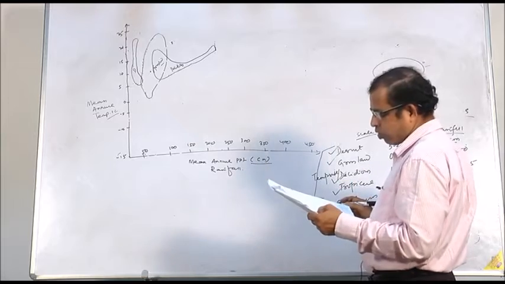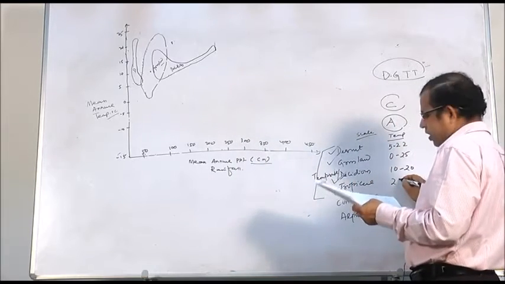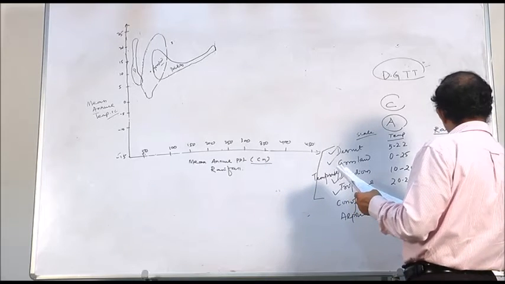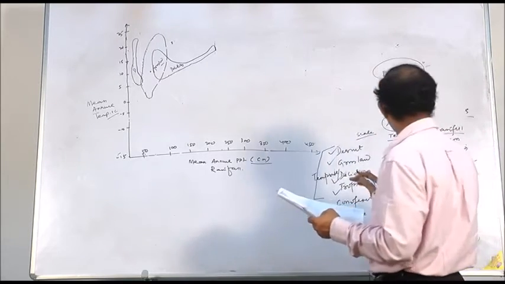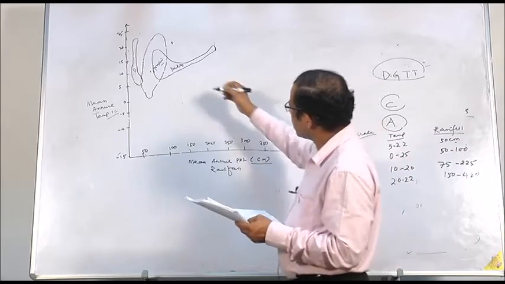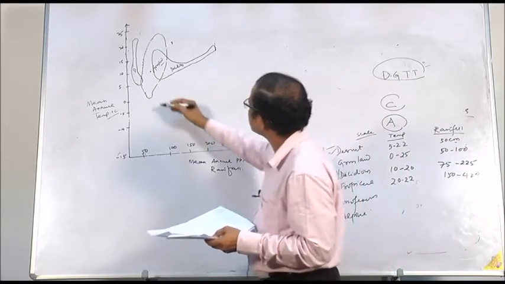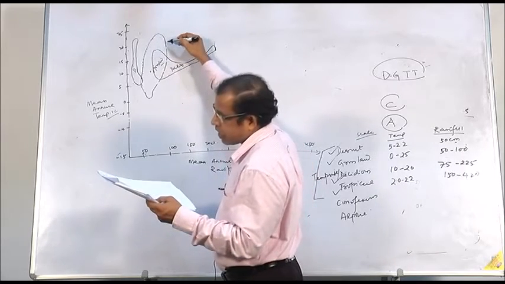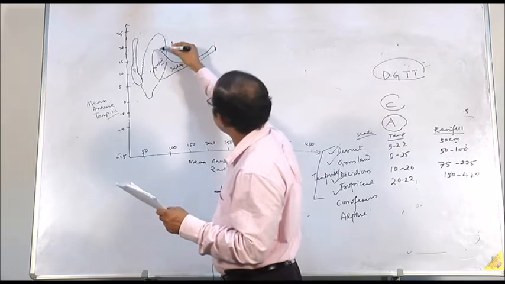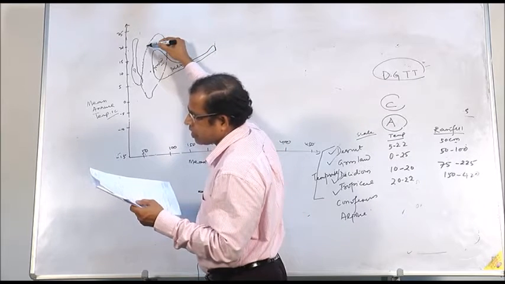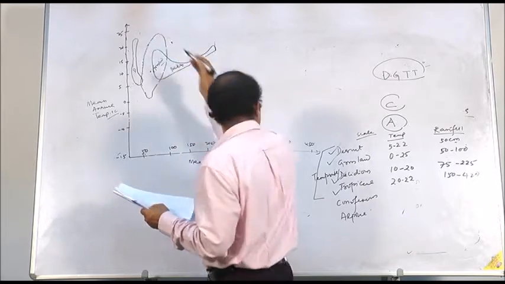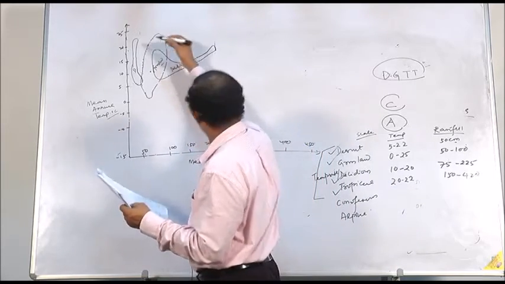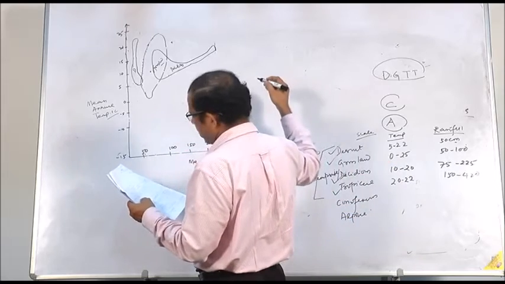Next, come to the tropical. Tropical I can start with 20 to 22, with rainfall 150 to 420. The rainfall is increasing. So I start from 20 to 22 here, and it will go up to 420.